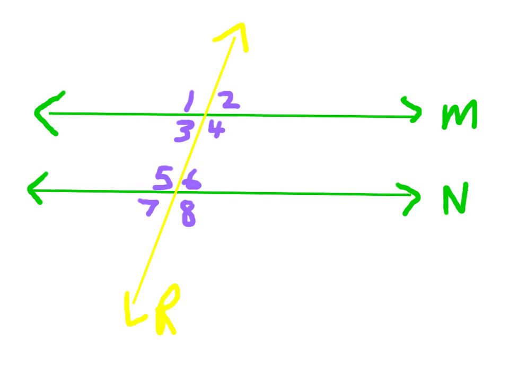Okay, you can see that there are lots of different angles formed, and these angles have various relationships that we're going to be learning about. But today we're going to be focusing on two of these angle relationships. The first one we're going to take a look at is called alternate interior angles.